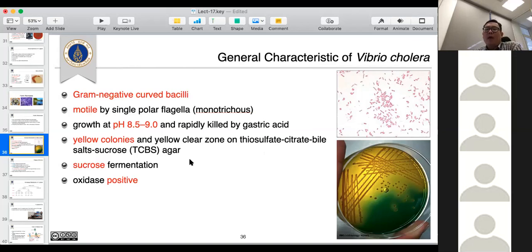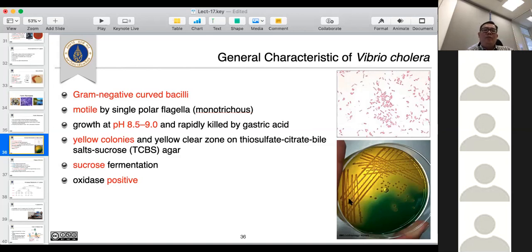It contains many inhibitors for most bacteria. V. cholerae grows. The important thing is they ferment sucrose, not glucose. They ferment sucrose and form acid, and change the color from green to yellow. You probably see yellow colonies and also a yellow clear zone.